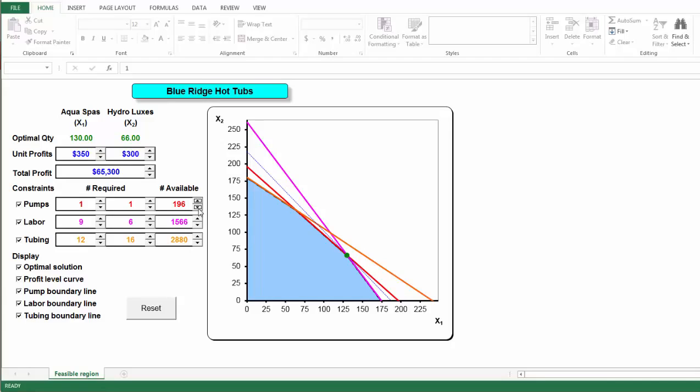Every time it is reduced by 1, you will see that the optimal profit goes down by $200 until the number of pumps reaches 174. At 174, the optimal solution is 174.0.